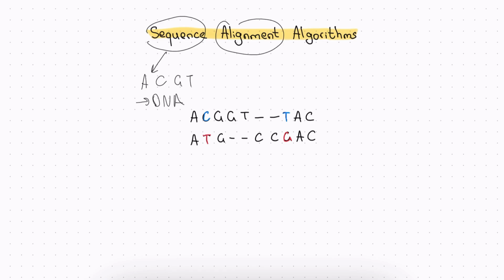The word alignment, we can understand it as a comparison of 2 or more sequences. For example, when geneticists search for a mutation responsible for a certain disease, they will compare, or in other words, align the DNA of a healthy and diseased individual.